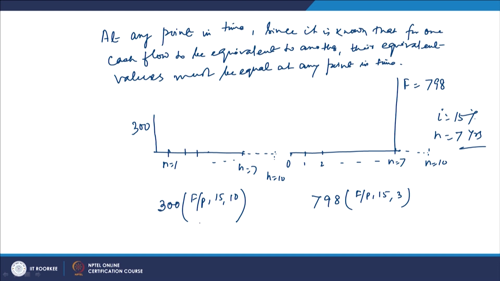Now, this will be 4.046 and this will be 1.521. Both of these result in the value of 1214. So something like that you are going to get if the two cash flows are equivalent: at any point of time, if you find the equivalent values, they are supposed to be equal.